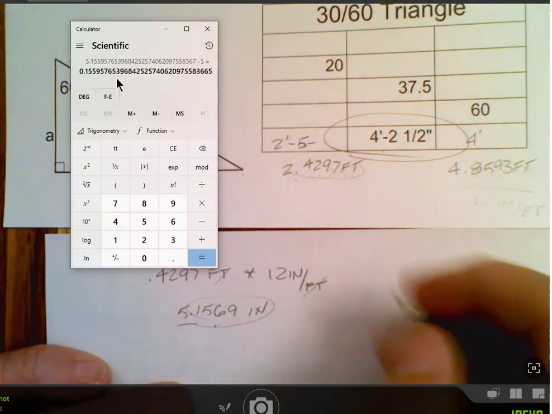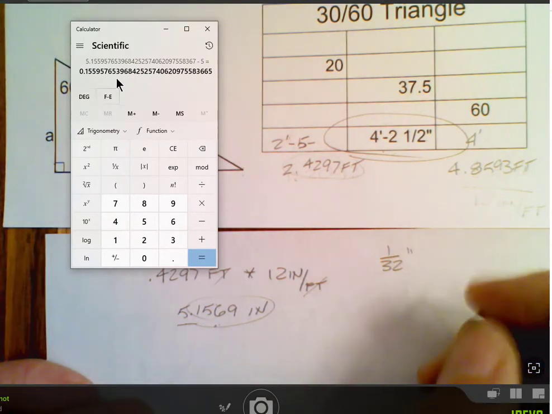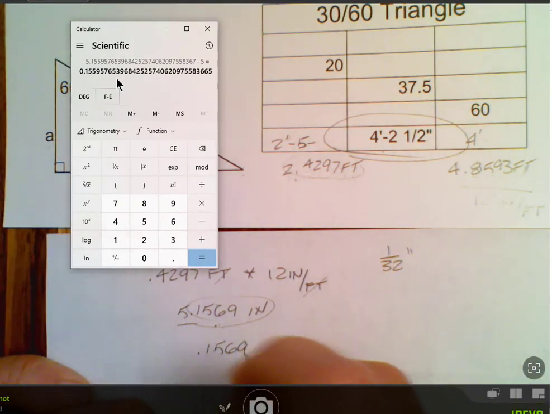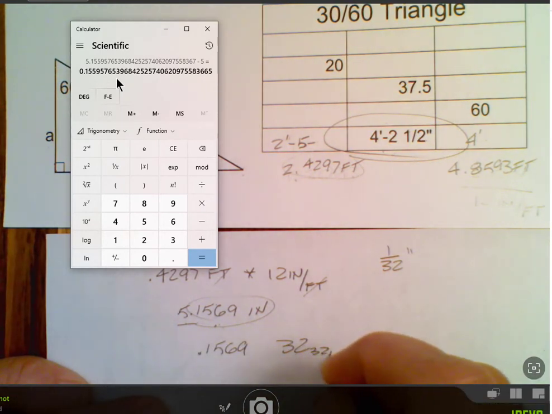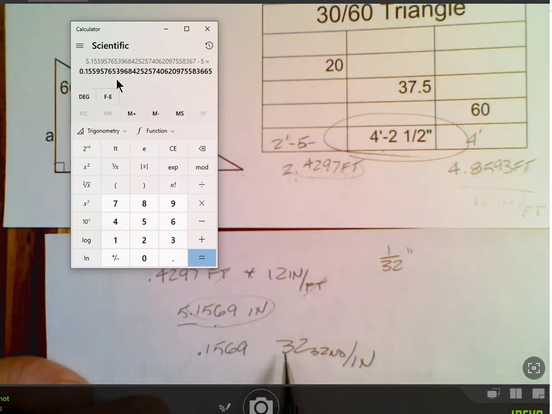Since for this class I've told you that everything that's fractional must be within the nearest 1/32 of an inch, I'm going to take that value and multiply it times 32. 32nds per inch, those are my units. There are 32 32nds in 1 inch. This value is in inches, so when I'm done I'll find out how many 32nds there are in that value.